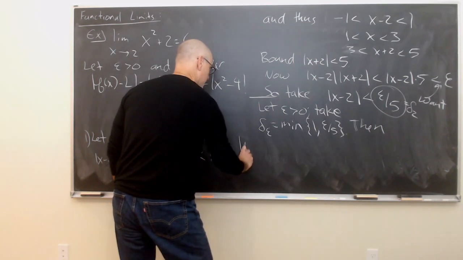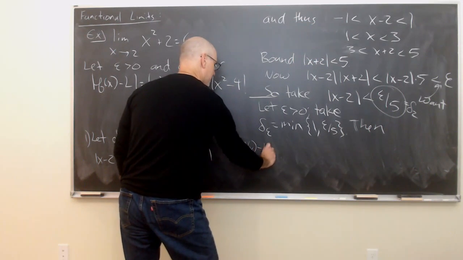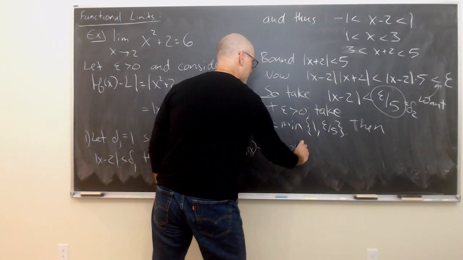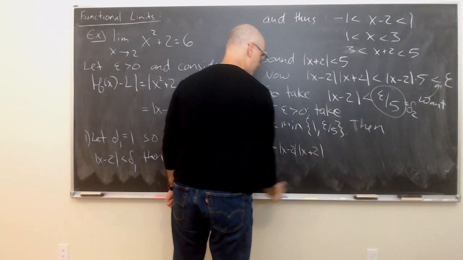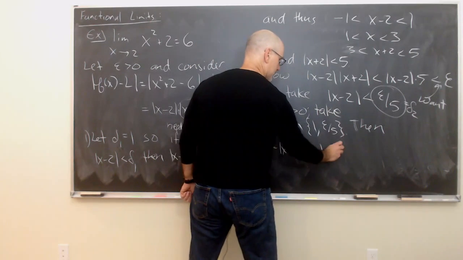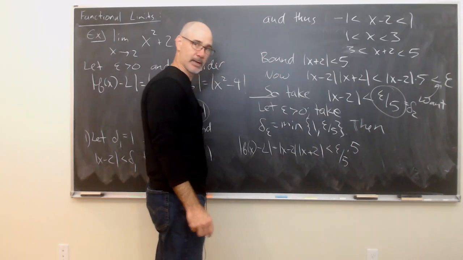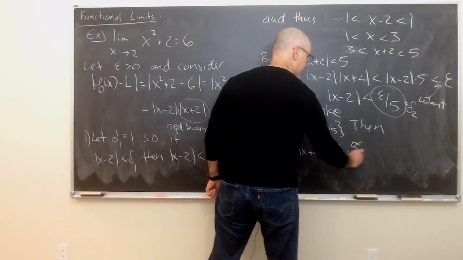All right, so absolute value of f of x minus L, which is x minus 2 times x plus 2 by our previous work, is less than epsilon over 5 times 5 by our two bounds. Cancel the 5s.